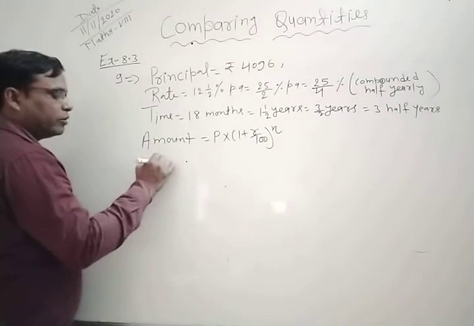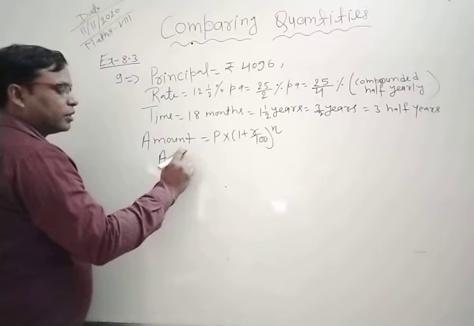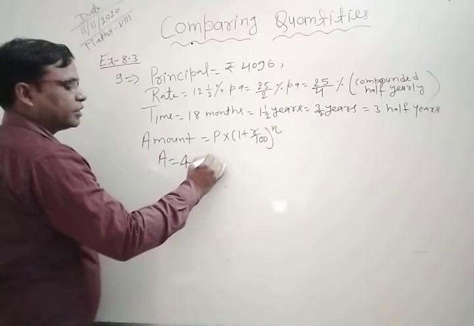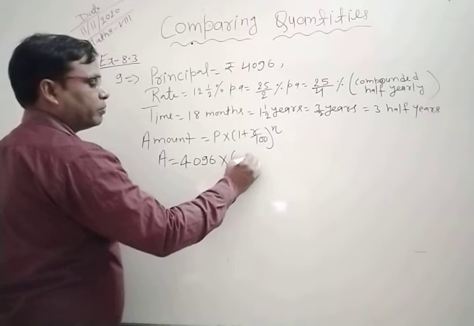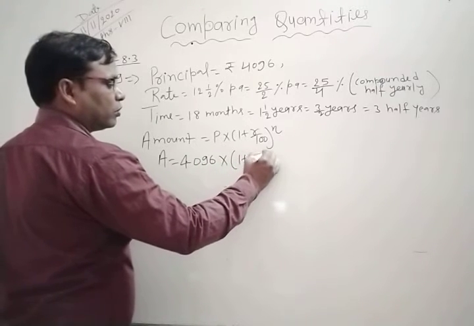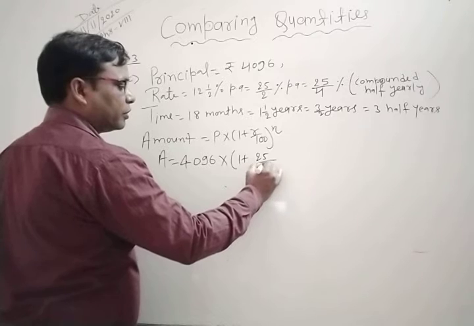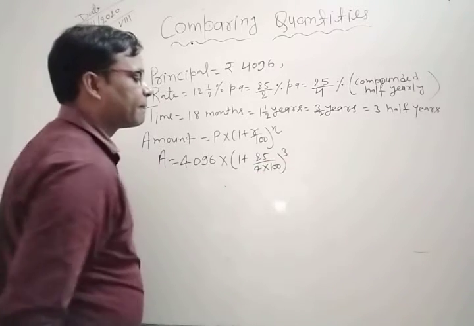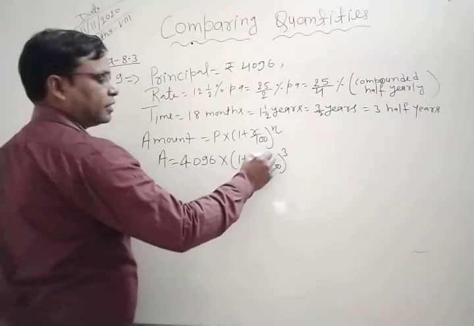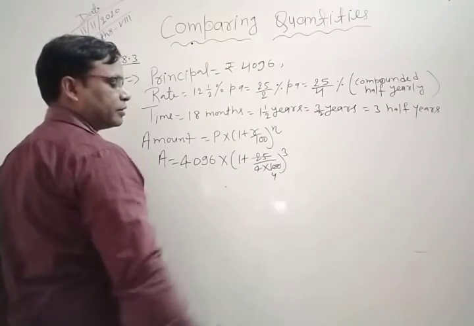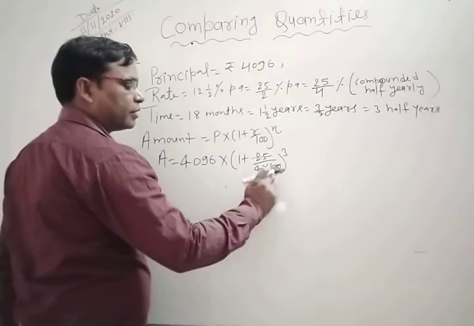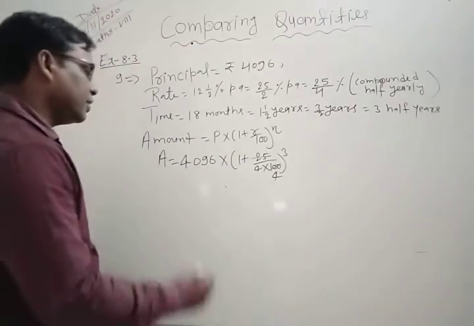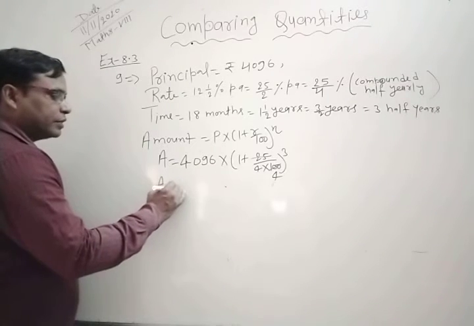So amount A is equal to principal, given here as 4096, into (1 plus r), where r is 25/4, upon 100, power 3. Here if you cancel it by 4, 25 goes into 100 four times.